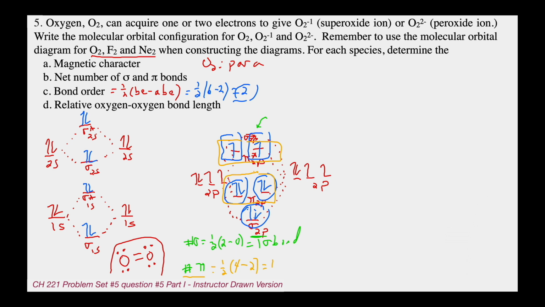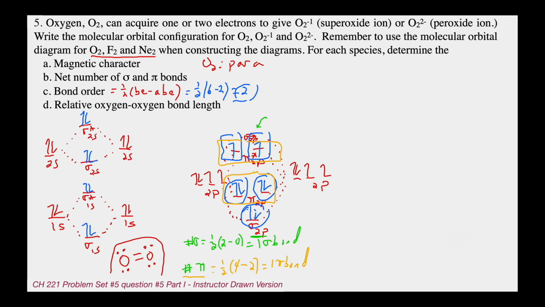That means 1 pi bond. And that corresponds again really well with the Lewis structure, because the first line you draw is a sigma bond, the second line you draw is a pi bond, and sigma plus pi equals bond order. In the molecular orbital diagram, it's the same thing. Sigma plus pi equals bond order: 1 sigma plus 1 pi.